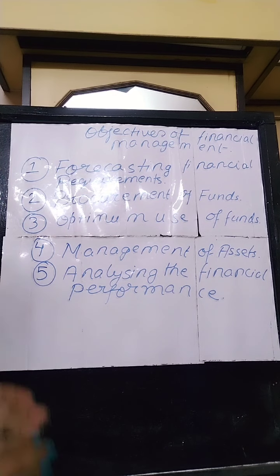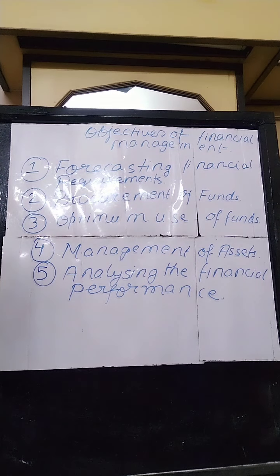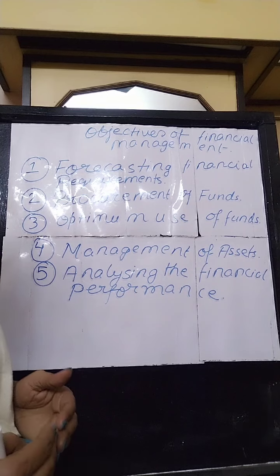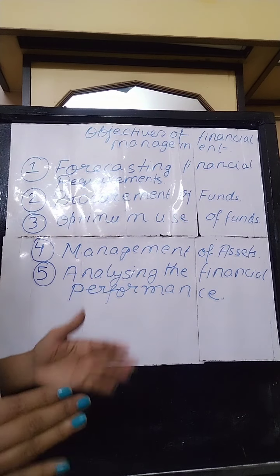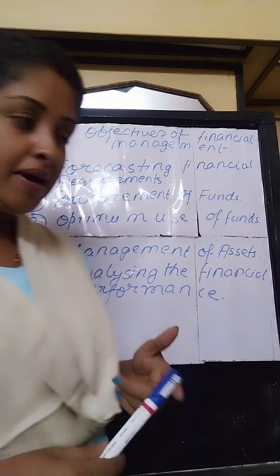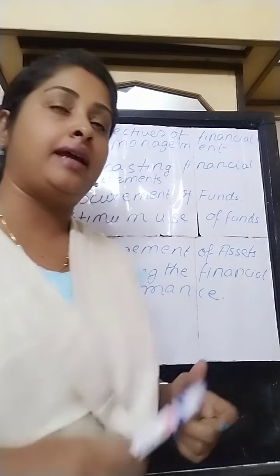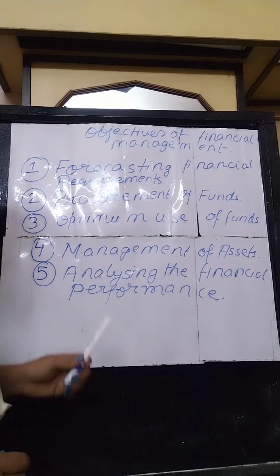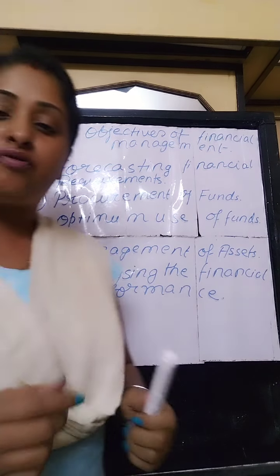The cost of each financial decision and return from the investment must be analyzed. Financial management tries to optimize the profit in the short term and maximize the profit in the long term. The maximization of profit should be kept in mind by the financial management, and analyzing of its performance is also necessary.